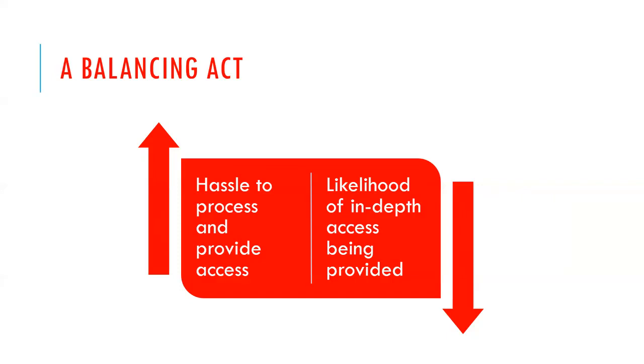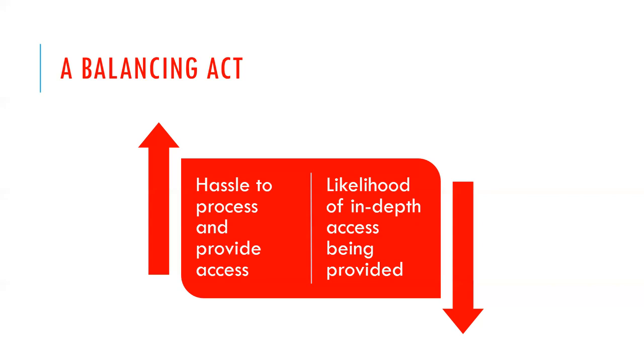If a record is in a file format that hasn't been used in a long time, or is proprietary and the organization that created that format is out of business, and there hasn't really been a way created to access those records easily, then it's going to make providing in-depth access to those records more difficult and really less sustainable for archives.